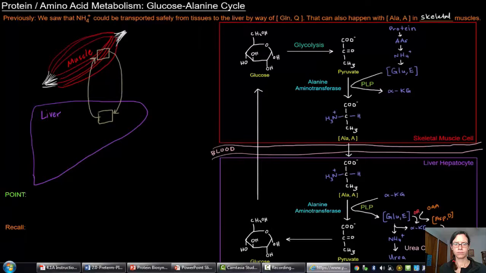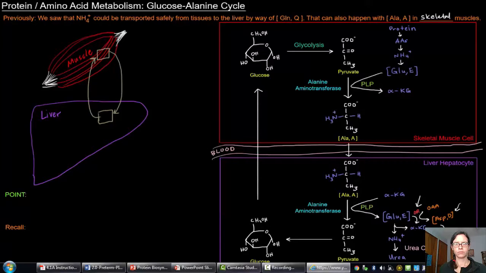So now what can happen with that glutamate is you can undergo the glutamate dehydrogenase step to free up that ammonium ion, which of course can be excreted safely as urea after going through the urea cycle, or that nitrogen can be used to supply transamination reactions to produce aspartate, which can also go through to the urea cycle.